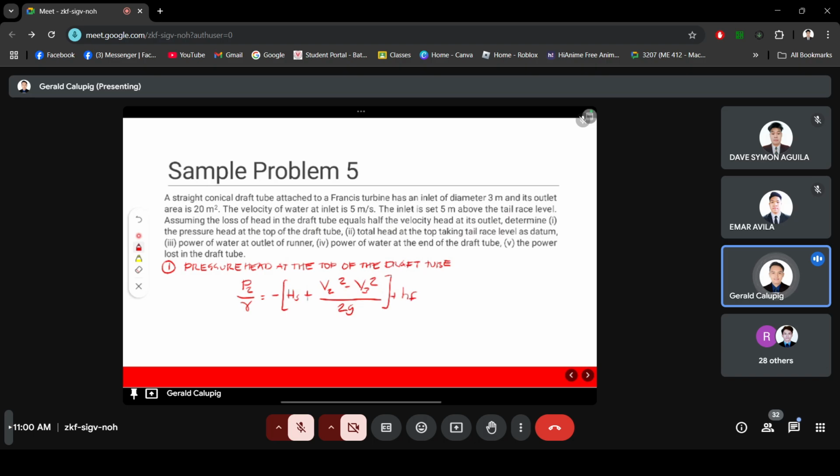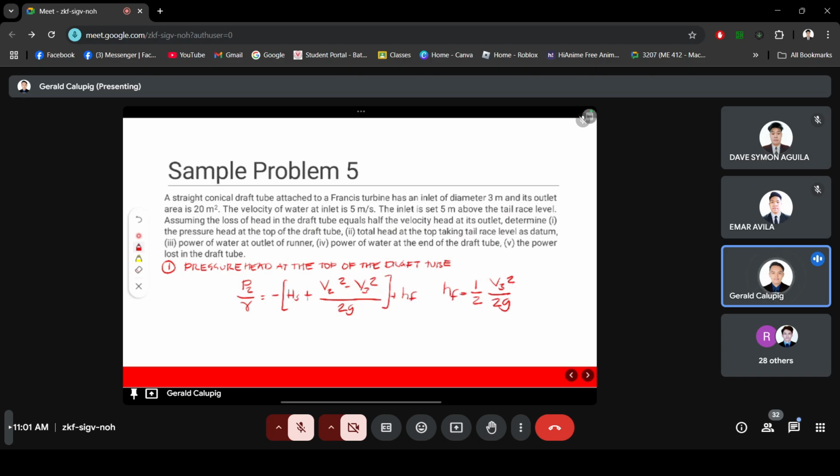So we can have here HF is equal to half of the velocity head of the outlet, V3 squared over 2 times the acceleration due to gravity. So let's substitute that data here so we can have a working equation.